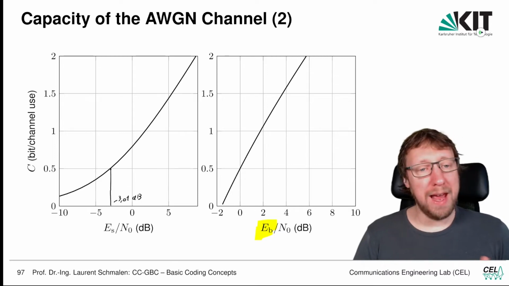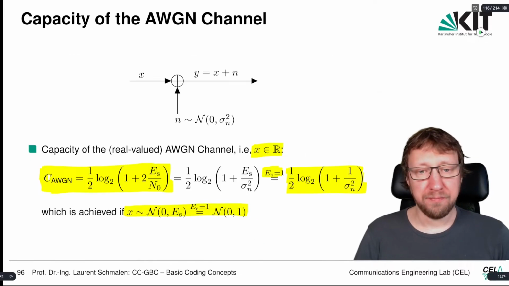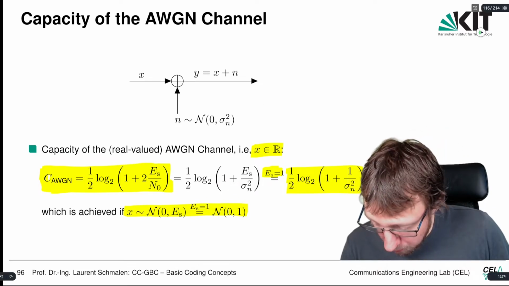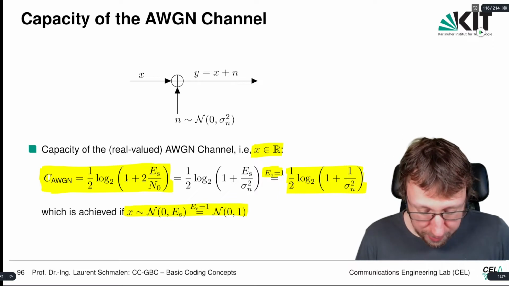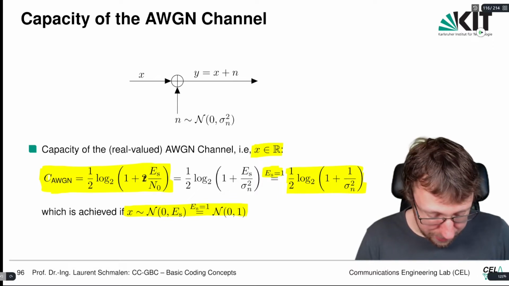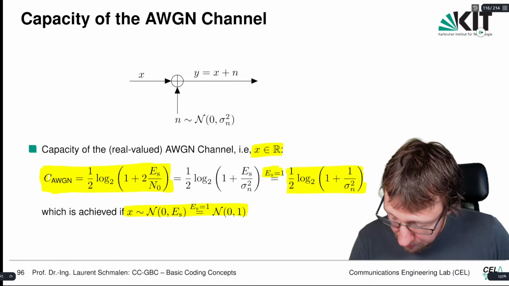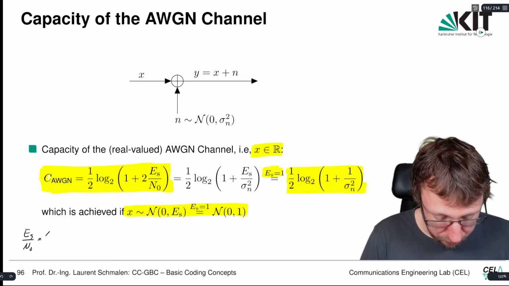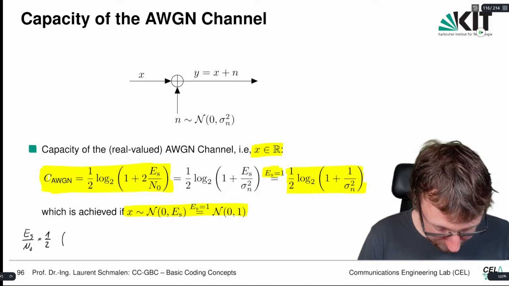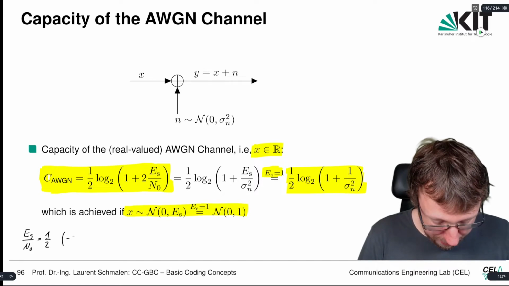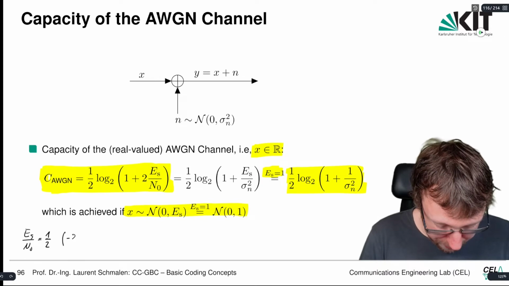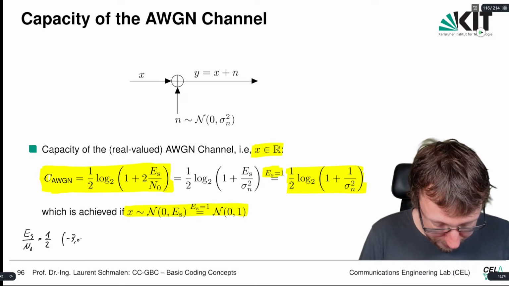So we can go back to the previous slide and we insert here 1/2. So we insert 2 times Es over N0. So we can write this if Es over N0 is equal to 1/2. It's equal to minus 3.01 dB.